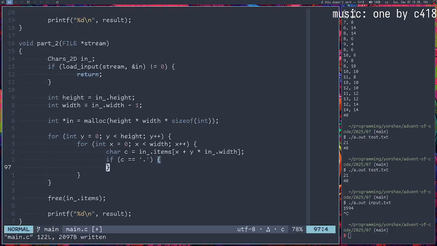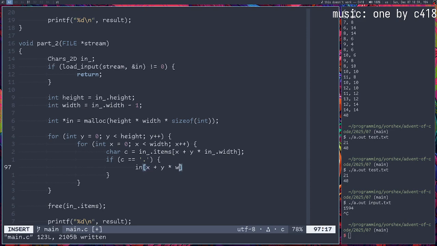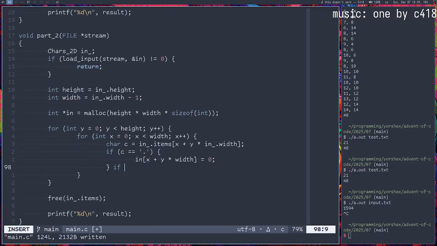So if C equals, so in x plus y multiplied by width equals 0, or s.